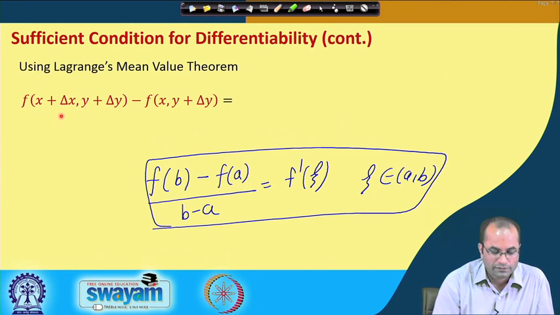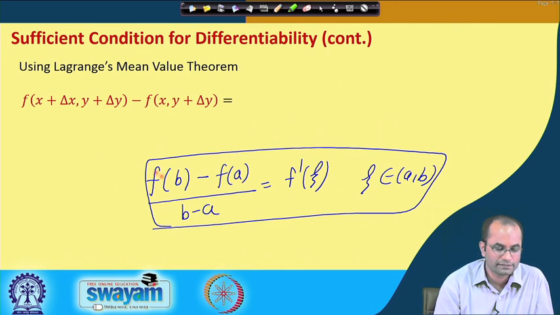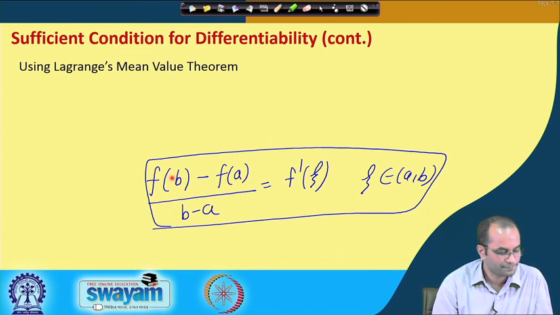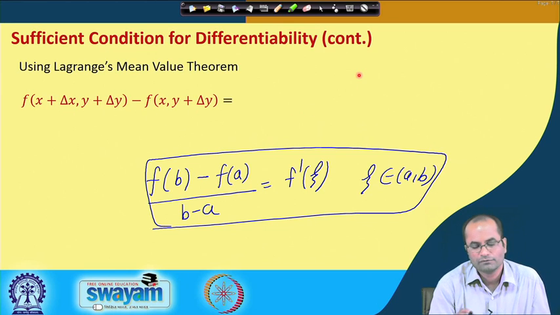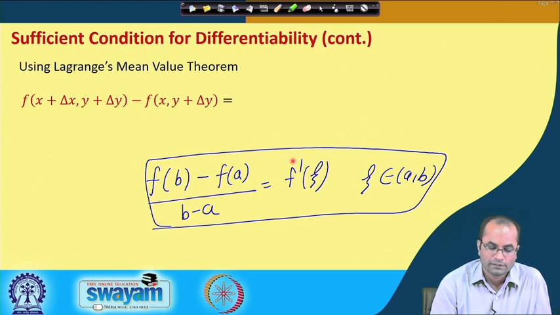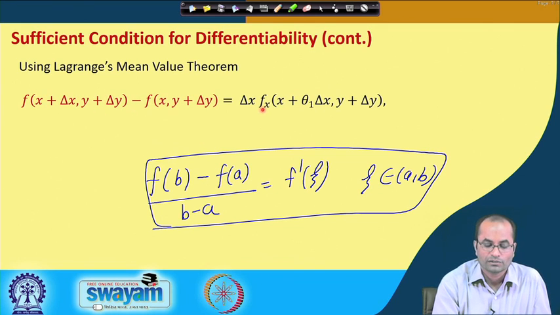So this is like f(b) minus f(a), where a is x and b is x plus delta x, divided by the difference b minus a, which will be delta x. We multiply delta x to the right side, and the derivative is naturally with respect to x, because y is unchanged. So it is the partial derivative f_x at some point between a and b.